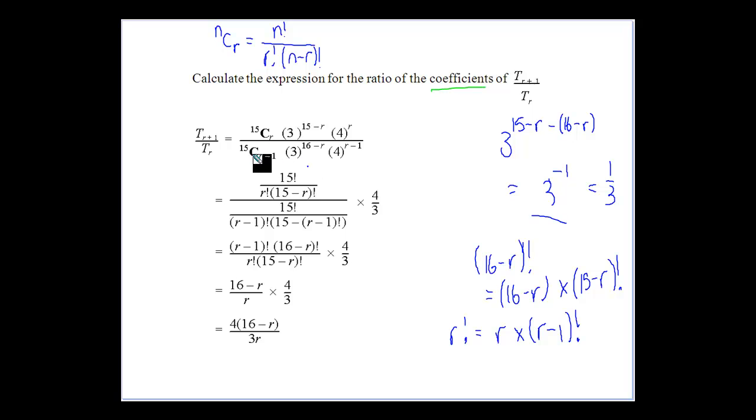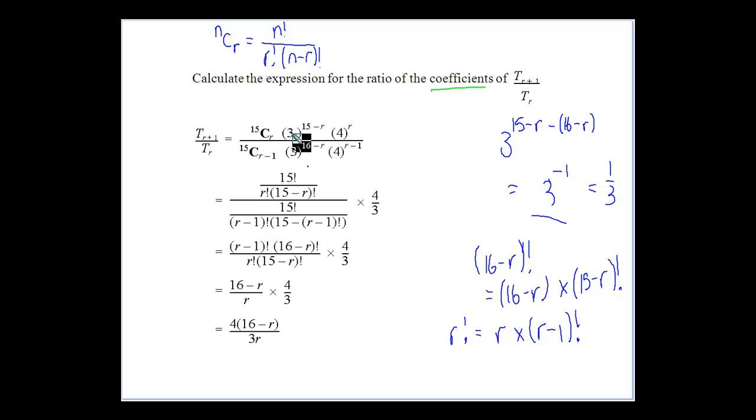So in that case, we're going to start to clean it up. We need to do some comparison. We're going to get 15Cr, which is 15 factorial over r factorial times (15 - r) factorial, over 15C(r-1), which is 15 factorial over (r-1) factorial times (15 - (r-1)) factorial. So we've got that there.